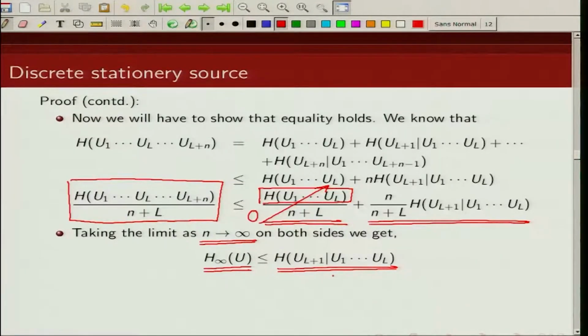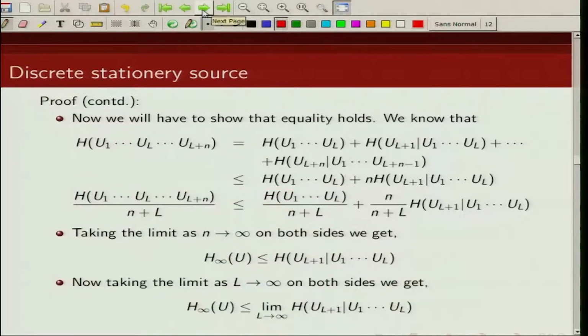Now we let L go to infinity. So if we let L go to infinity, then basically what we have shown is this entropy rate is less than or equal to the limit as L tends to infinity of H of UL plus 1 given U1, U2, U3, up to UL.